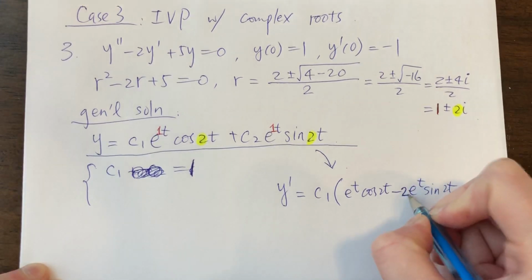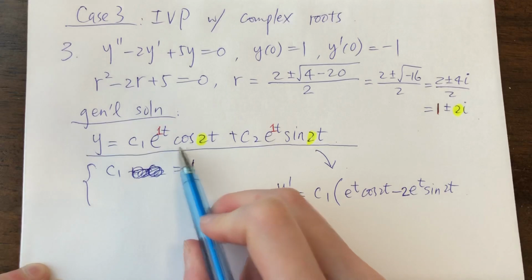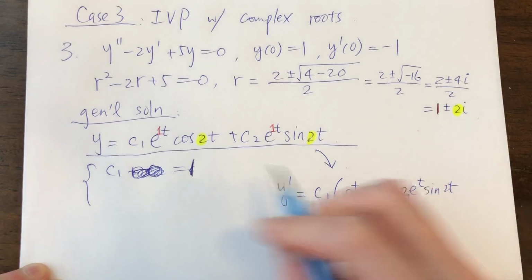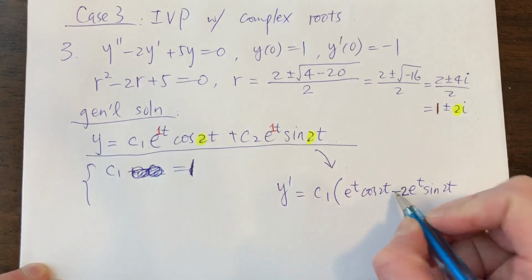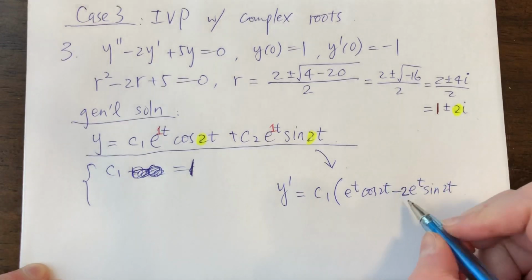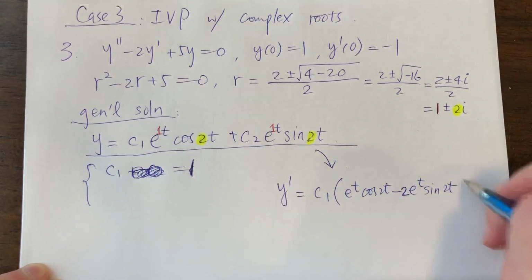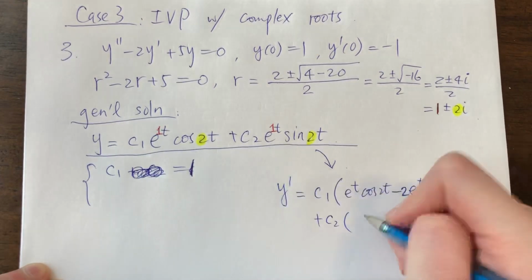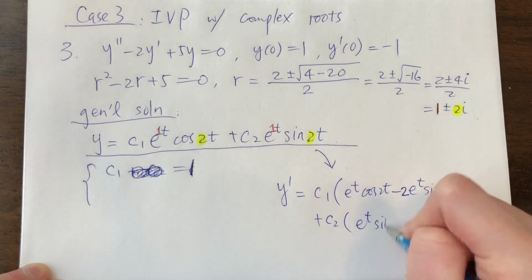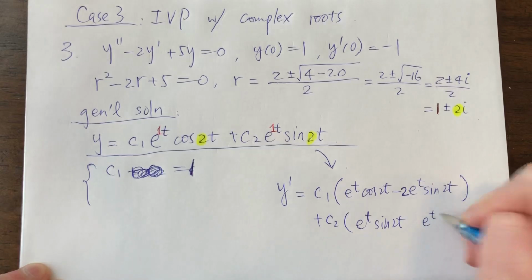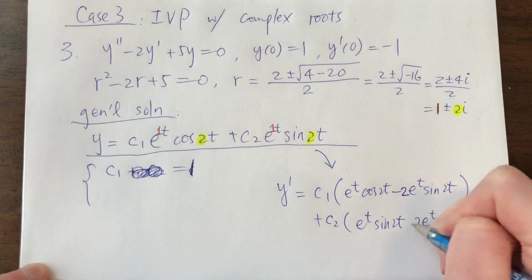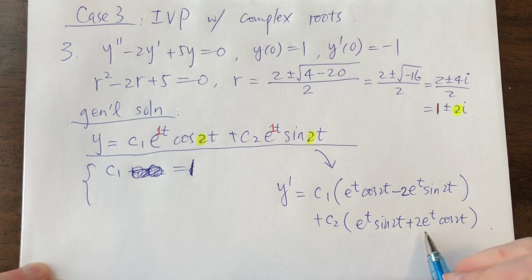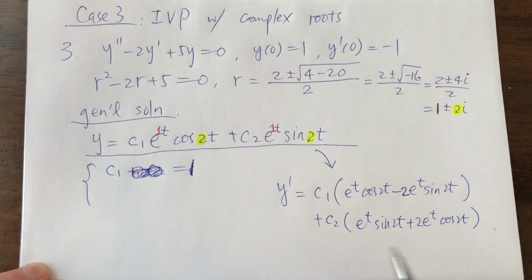Remember, this 2 comes from taking the derivative of cosine 2t, because by the chain rule you need to multiply by this extra 2. And the derivative of cosine is negative sine, so be careful with that. So that's the derivative of the first term. The derivative of the second term is e to the t sine 2t, and then cosine 2t times 2. Okay, so I think that's correct. Let me know if I made any sign mistake, but I think that's correct.